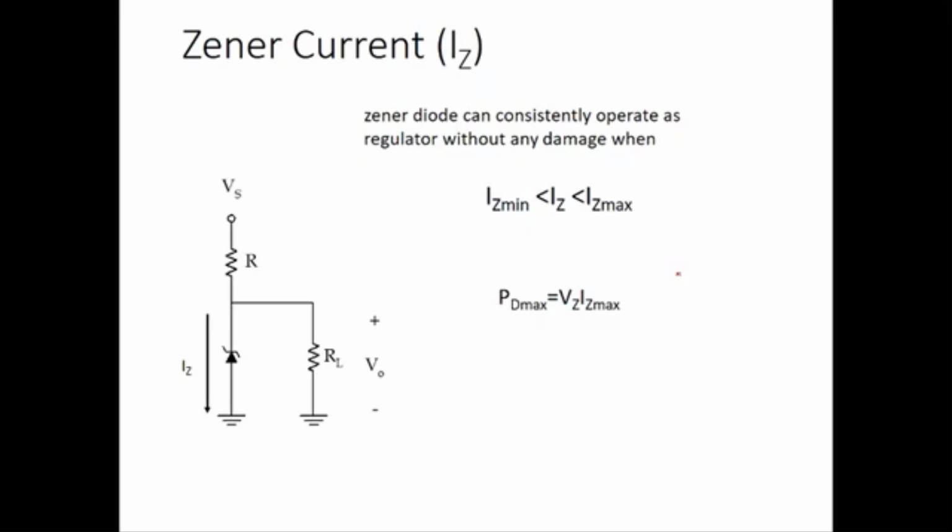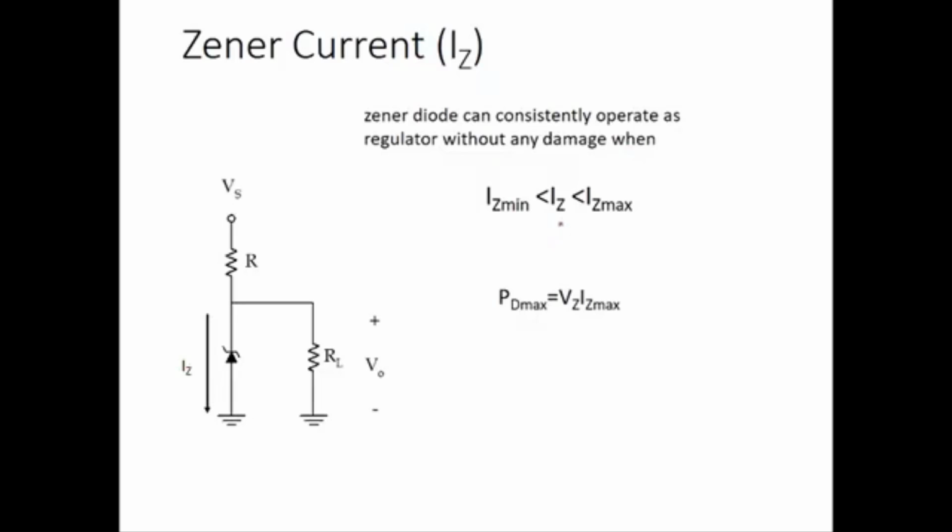Okay, in the DC analysis, you use the Thevenin theorem, and at some point you can calculate the Zener current, IZ. The analysis of the Zener current is very important in order to ensure that the Zener diode operates properly as a regulator without any damage.